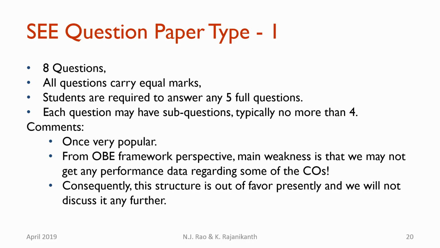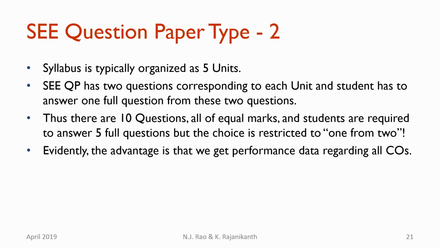So, the 5 questions to be answered will all belong to the earlier part of the syllabus, and the COs related to that part are essentially focused upon. So, we may not have any performance data regarding some of the later COs, and this was realized very early by autonomous institutes. So, this structure is totally out of favor today, and only a very small number of institutes are still following it. Practically it is going out of favor, and we will not discuss this any further.